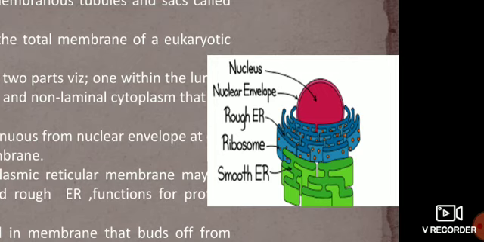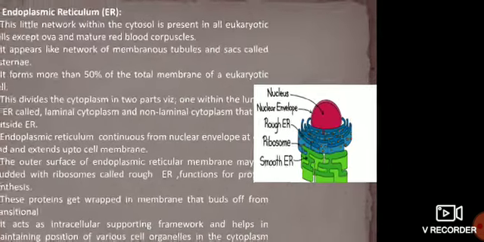So these are called smooth endoplasmic reticulum. So it's a clear difference. The endoplasmic reticulum having ribosomes is called RER, rough endoplasmic reticulum, and the other, not having ribosomes, is called SER, smooth endoplasmic reticulum.